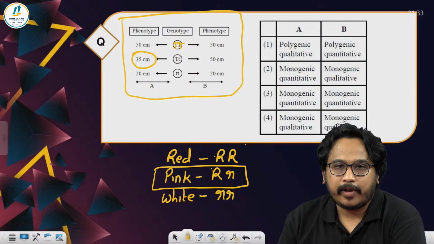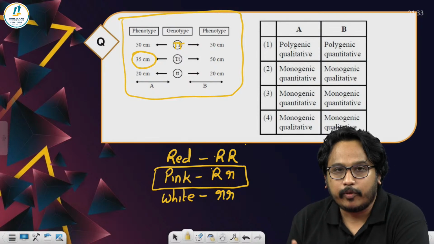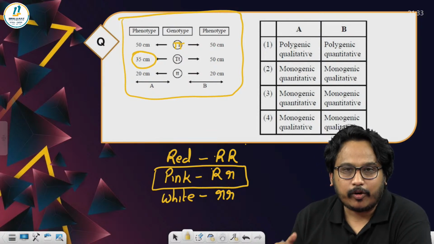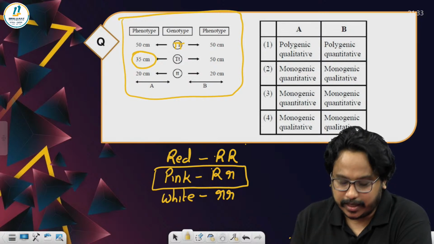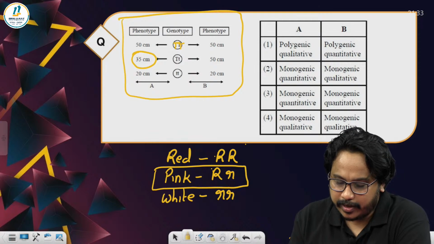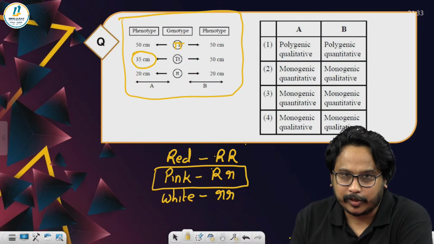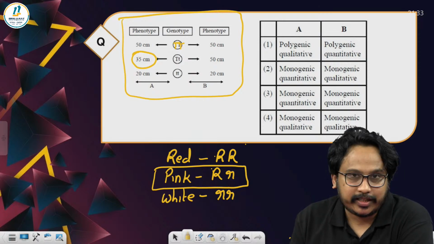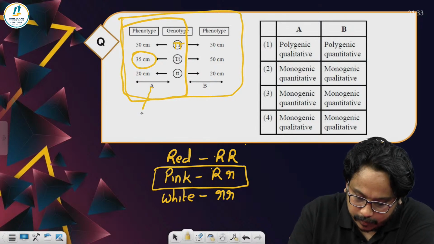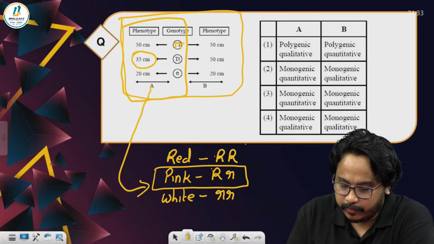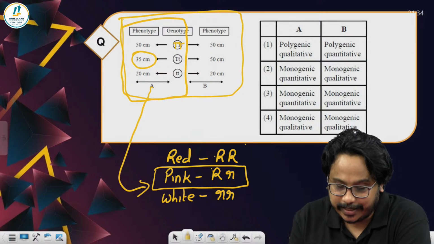That means when both the dominant alleles are coming, full expression, a lot of pigmentation is there. One dominant allele is absent means pigmentation is less and the flower color was pink. So such type of inheritance is monogenic. One gene is controlling, but it is quantitative. So here A is an example of such type of inheritance which is monogenic and quantitative.